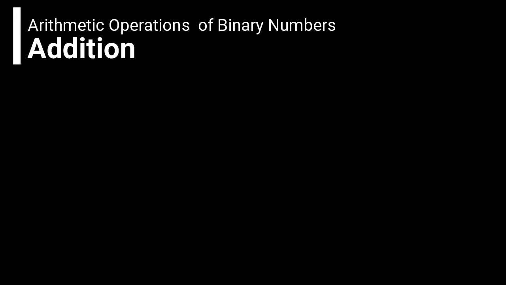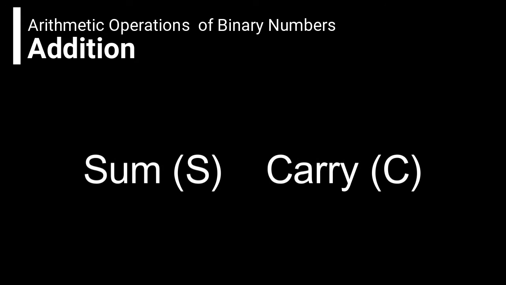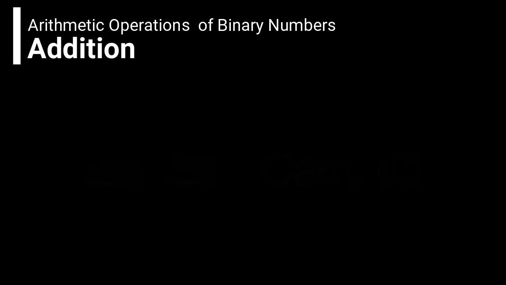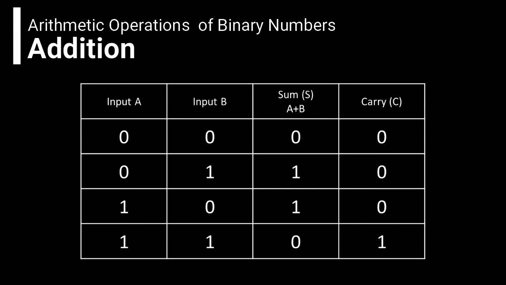When we do binary addition, we get two outputs, which are sum and carry. Binary addition follows four rules, and these are listed in the table below. We will have two inputs and two outputs.